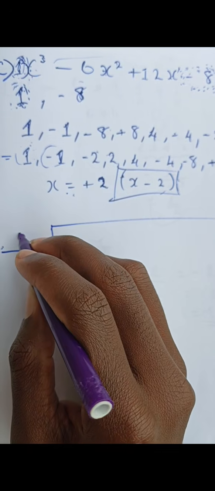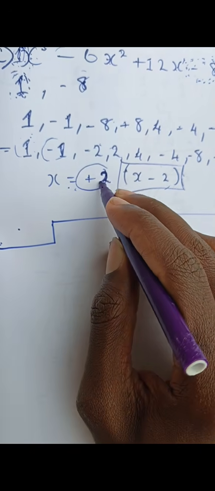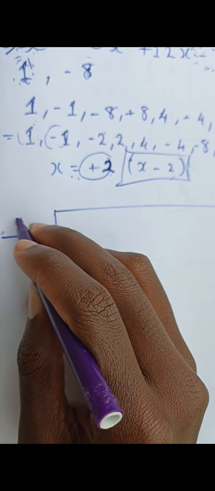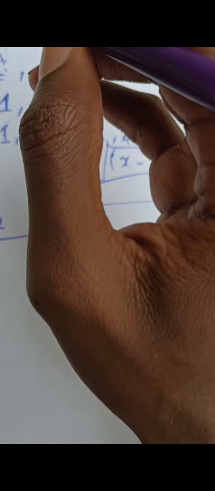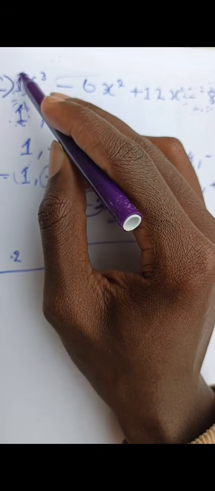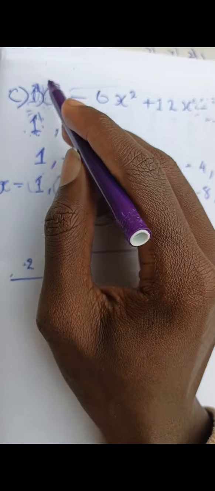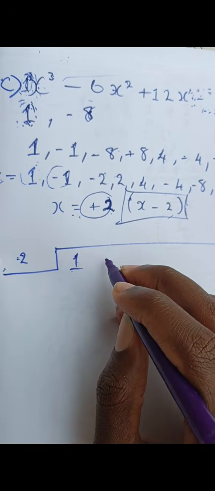So here I'm going to put what? This one. Don't put -2. Put the actual value of x, which is +2. Then here we put the coefficients that are in the equation given. Only the coefficients. The first coefficient that we have for the degree 3 is 1.